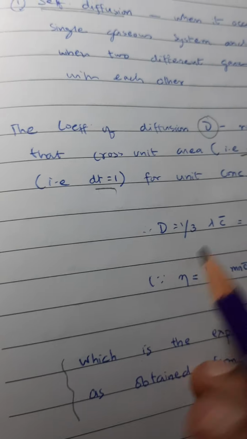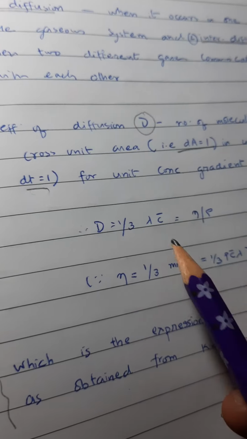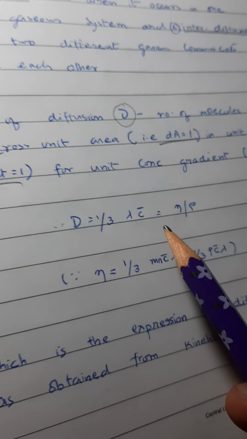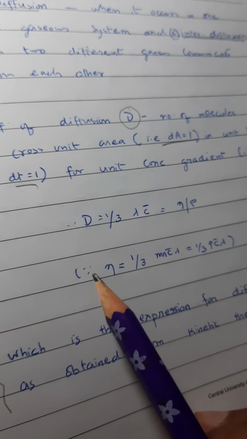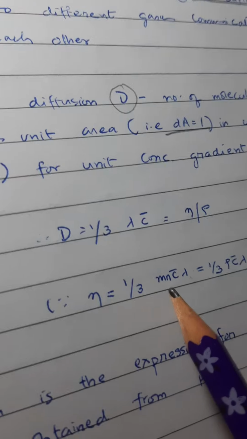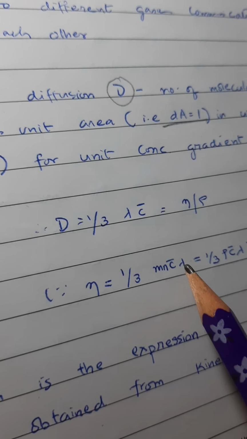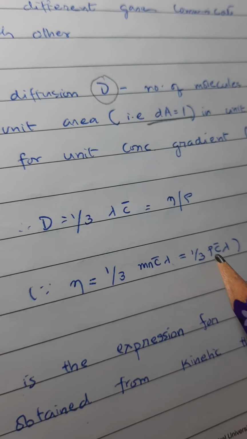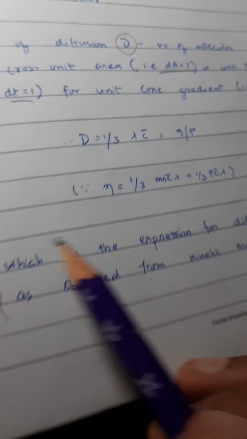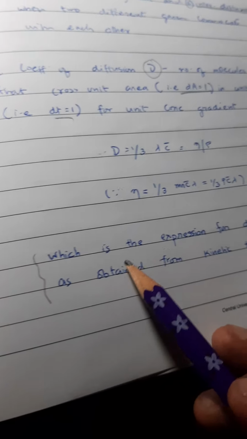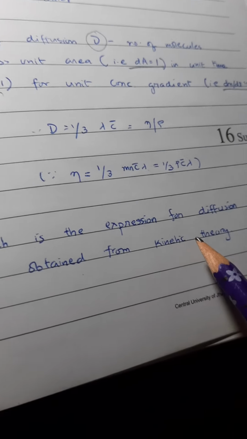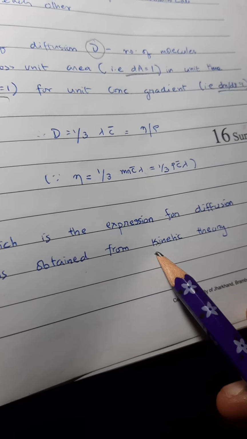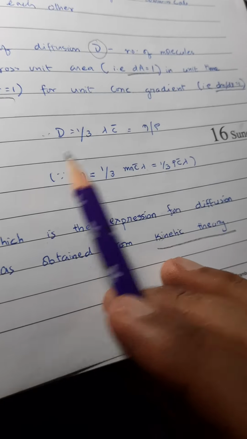So this D is given as 1/3 lambda c bar, and it is equal to eta by rho. Since eta is equal to 1/3 m n c bar lambda, which is 1/3 rho c bar lambda, this is the expression for diffusion as obtained from the kinetic theory.